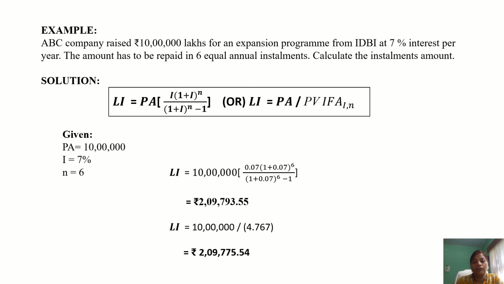Similarly, if you take the second formula, you will get 2,09,775.54. The variation is with respect to the decimal values, so you need not worry. Roughly it is coming as 2,09,800.